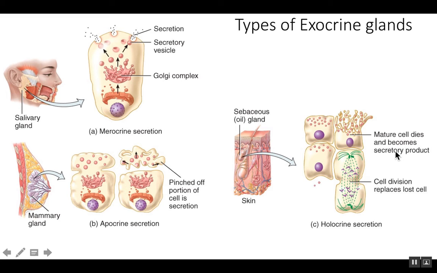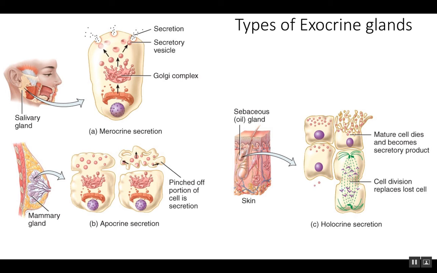And an example of a holocrine secretion is sebaceous glands that produce oil. So we got 3 different ways to make exocrine material or products. Either exocytosis, pinching off and becoming part of the secretion, or having the entire cell, the whole cell, become the product.